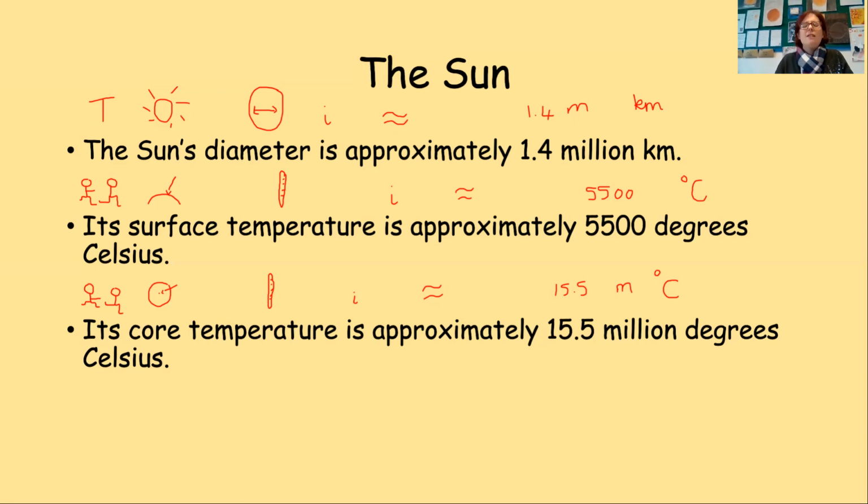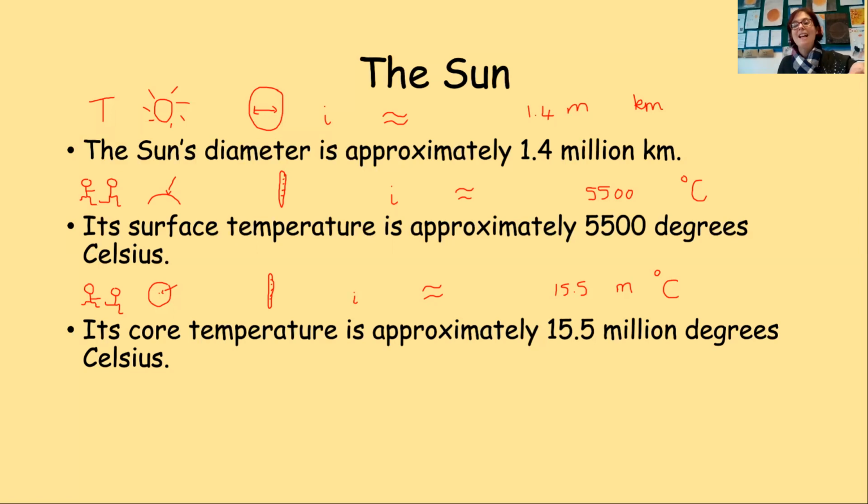The surface temperature is approximately 5,500 degrees Celsius. Its core temperature is approximately, I've forgotten, 15.5 million degrees Celsius. Not bad. Okay, so I remembered 2 of the 3 facts on my first time of closing my eyes.